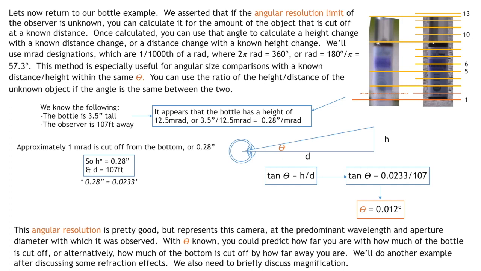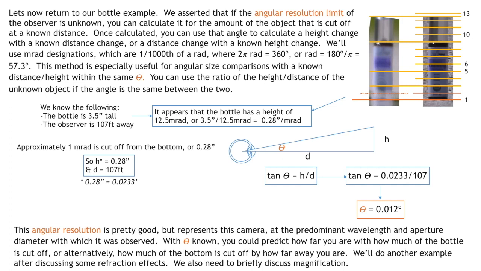So height is equal to 0.28 inches, and distance is equal to 107 feet. Keep in mind that 0.28 inches comes out to 0.0233 feet. So we can plug that in, keeping like units the same, and you get an angle of 0.012 degrees. This angular resolution is pretty good, but represents this camera at the predominant wavelength and aperture diameter with which it was observed.